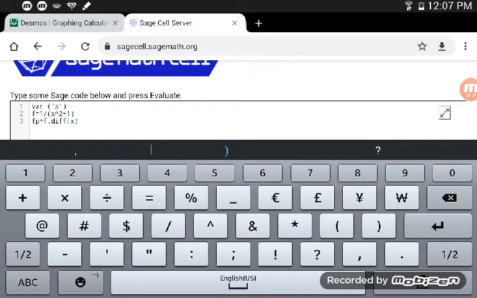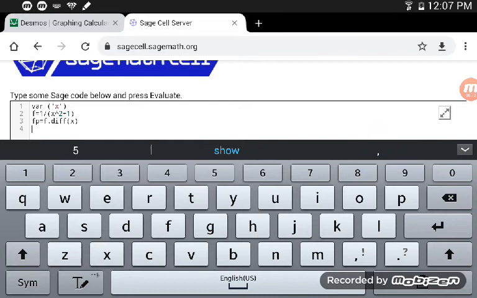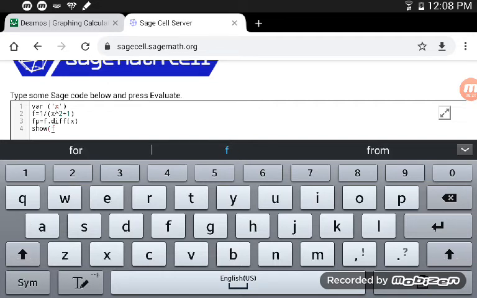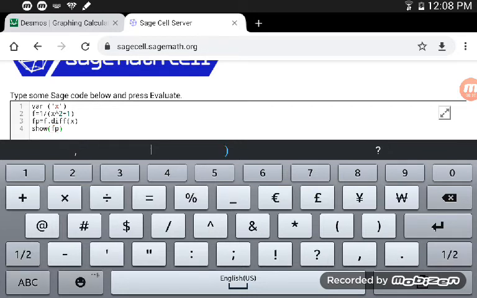So I think we have that, and now it's not going to show me that, so I need to tell it to show me that derivative. So show, open parenthesis, show fp, and we'll try that.